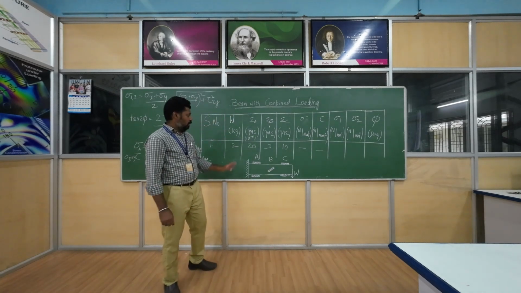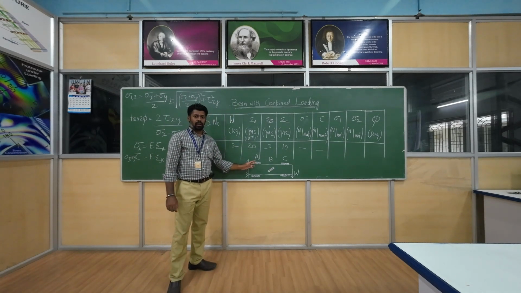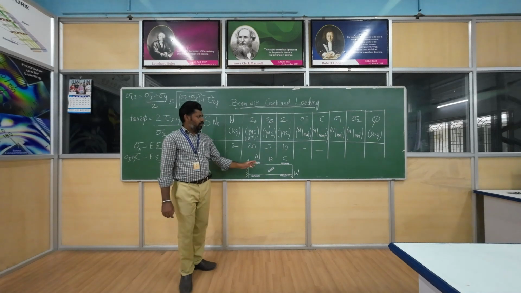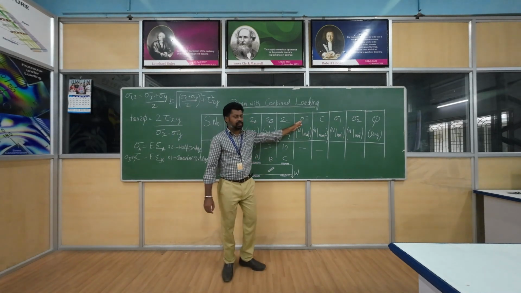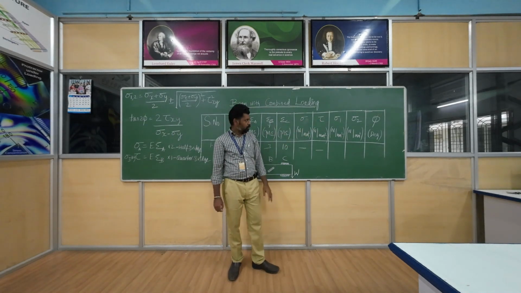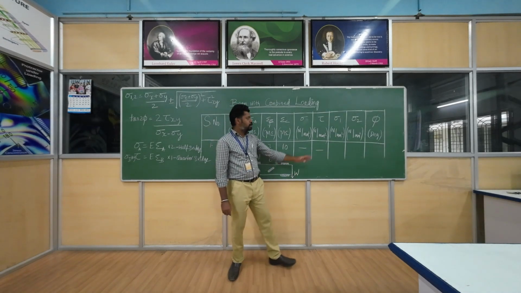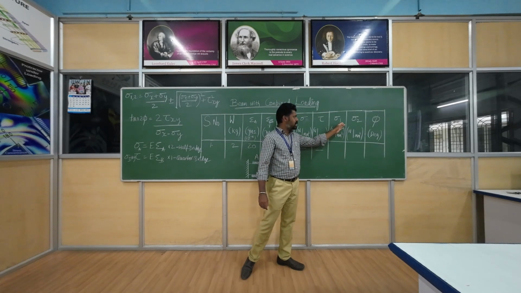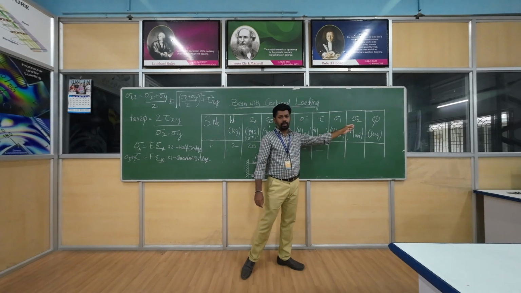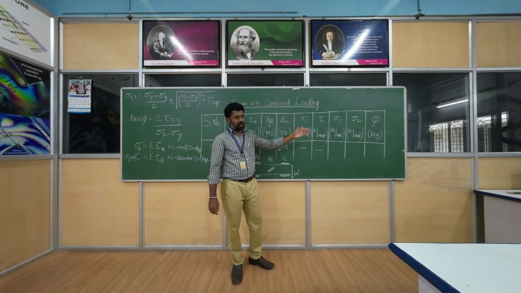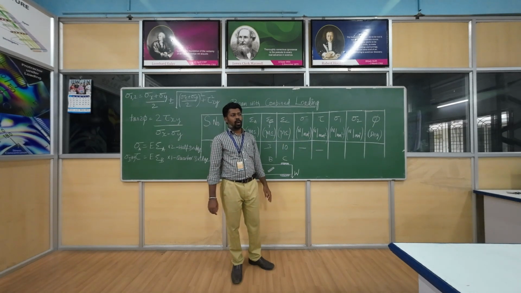So now, for the given beam subjected to combined loading, we have got the bending stress and the shear stress. Now what is next? Our objective is to compute the principal stresses and the angle of the principal plane for the given hollow section beam subjected to combined loading.